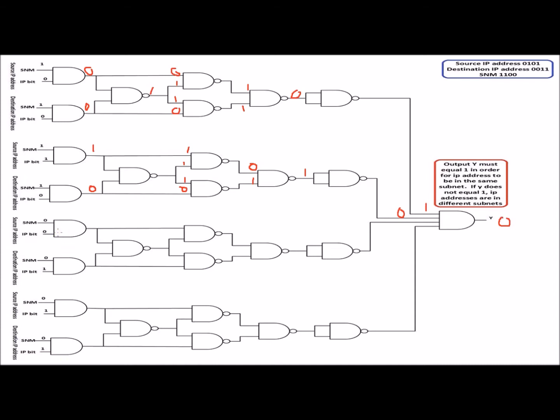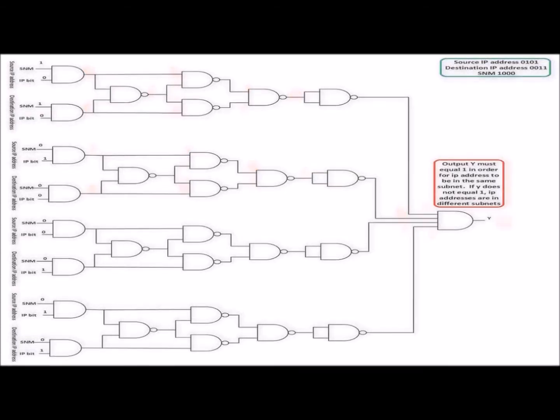And we also know that because we start out ANDing with zeros on everything, we're going to end up with a 1 here anyways. This is going to end up a 1 and this is going to end up a 1. But this 0 is really what determines whether or not they're in the same subnet or not. And in fact, these two IP addresses are not in the same subnet. So let's take a look at the other available subnet mask.